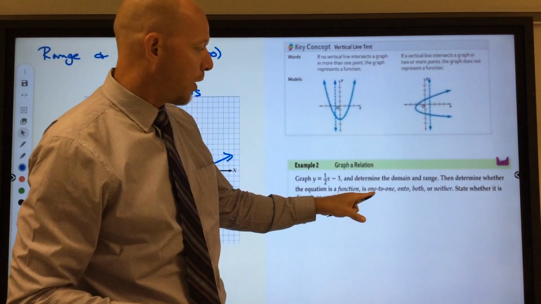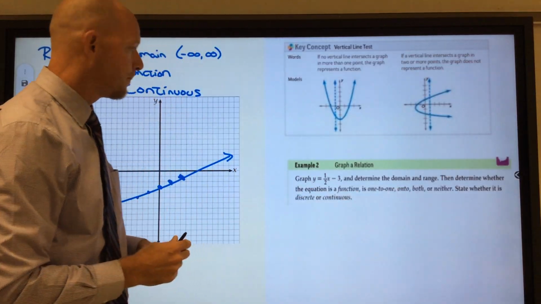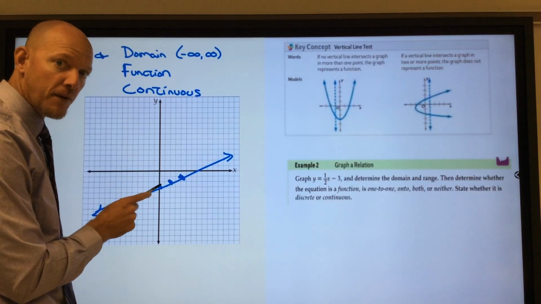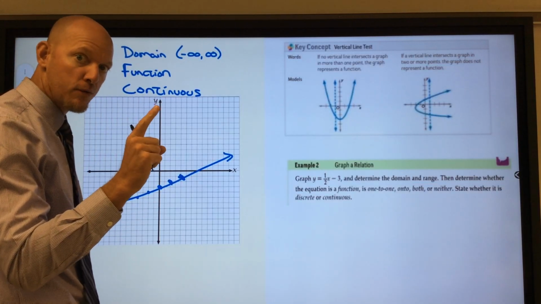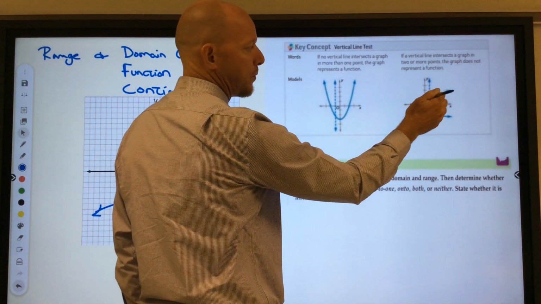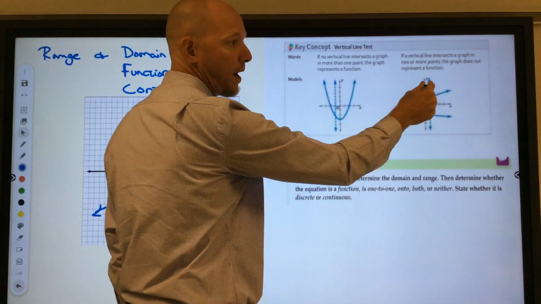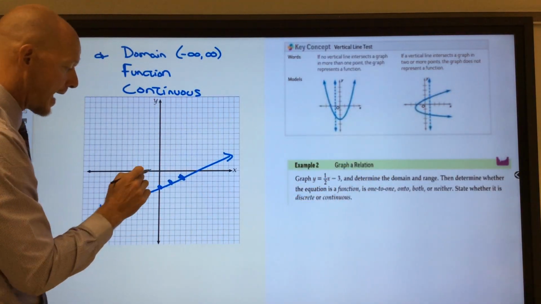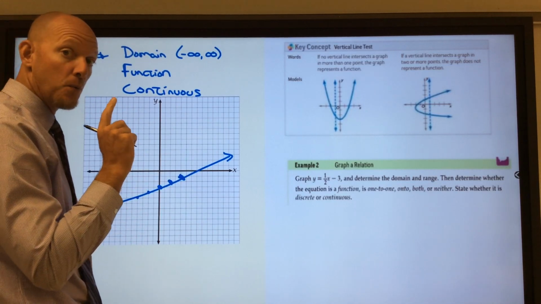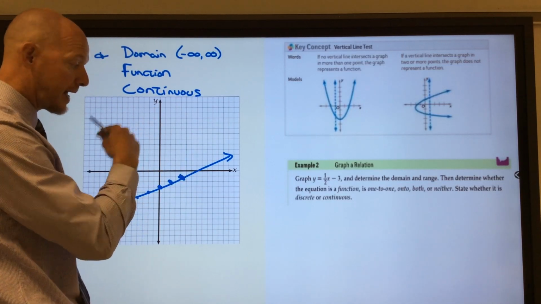Now I have to determine, is it one-to-one, onto, both or neither? I could see that every x value will only have one y value. This is not a scenario where an x has two different y's, so that doesn't happen. Every single x in the domain has one y, and every y has exactly one x.